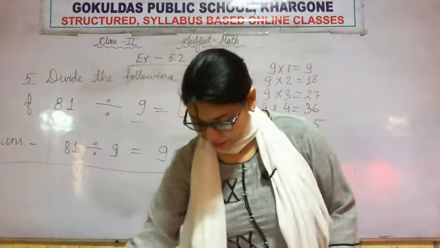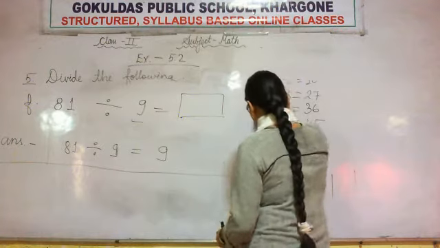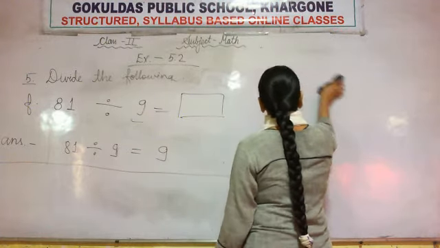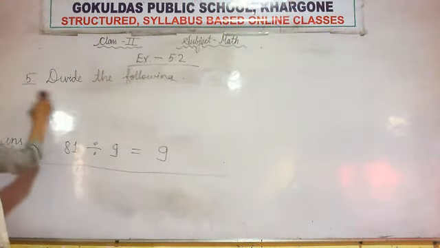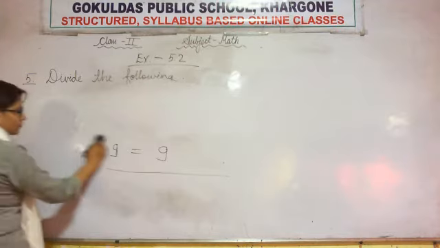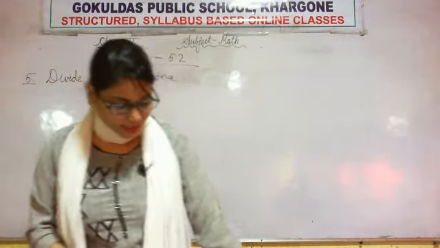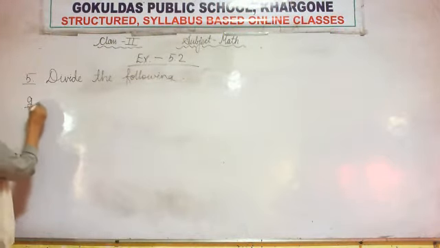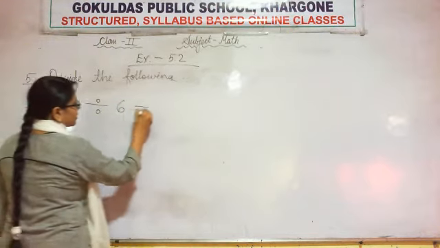Okay, so the next question is G. Question G. Now question G is 24 divided by 6. 24 divided by 6 is equal to blank.